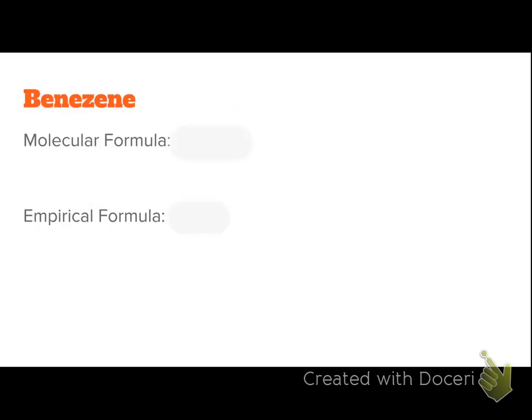So there's a compound called benzene. It is made up of carbons and hydrogens, and its molecular formula, or its actual formula, is C6H6. So if someone were to see C6H6 that is familiar with chemical compounds and their formulas, they would associate C6H6 with being benzene. They're synonymous with each other.